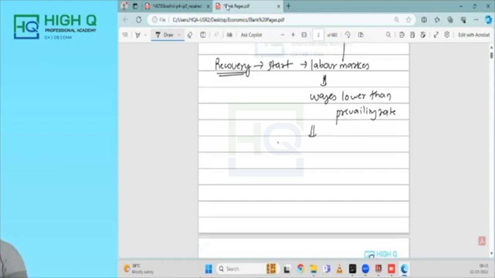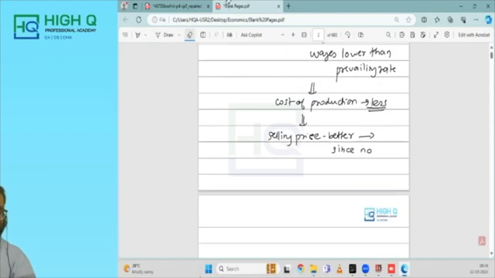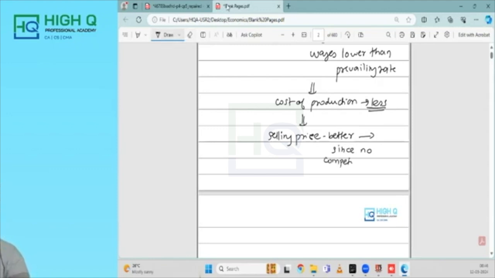This will lead to low or less cost of production. Selling price will be better. Yes or no? Since no competition. Am I right? Since no competition or less competition. Say yes or no.